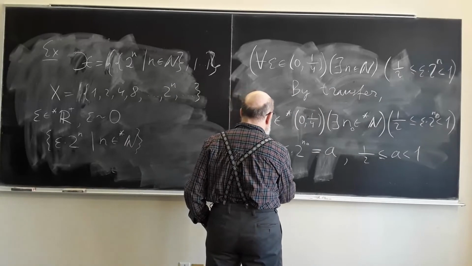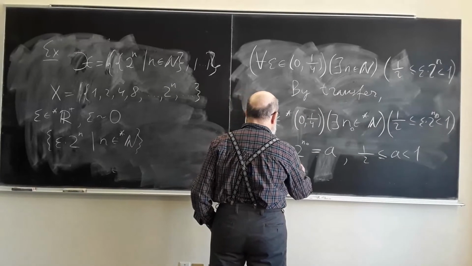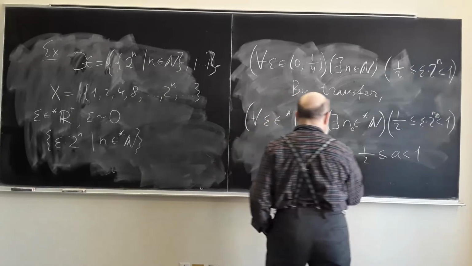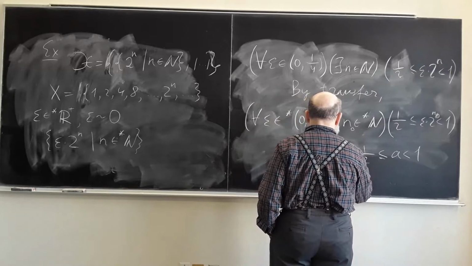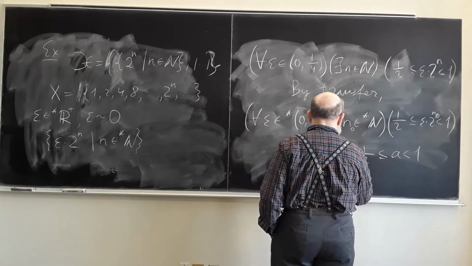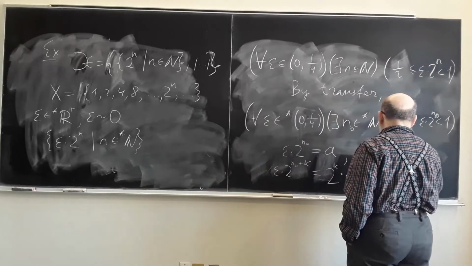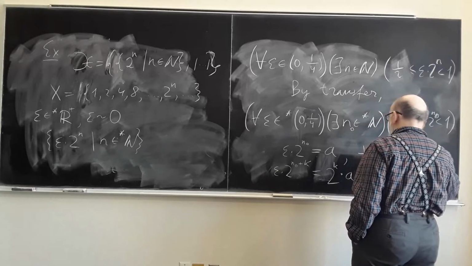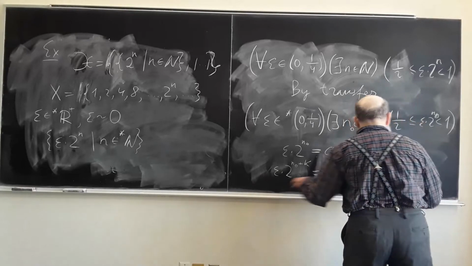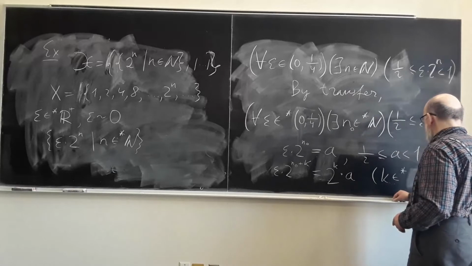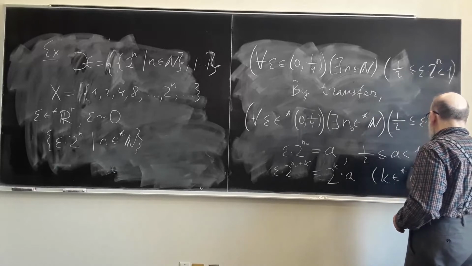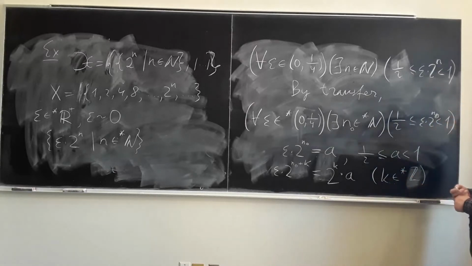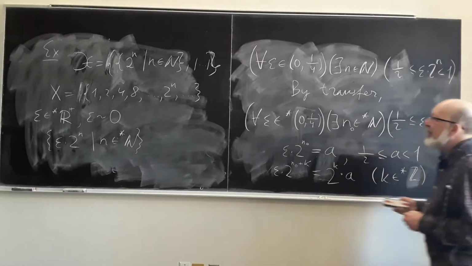So this means that epsilon times 2 to the power n0 plus k equals 2 to the power k times a, where k is in star Z, so it can be positive and negative. In particular, it can be a usual integer in Z.